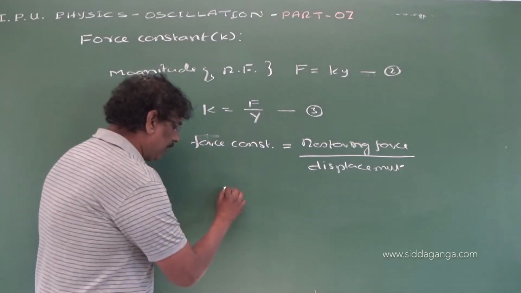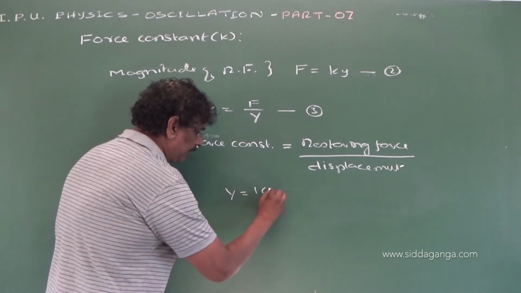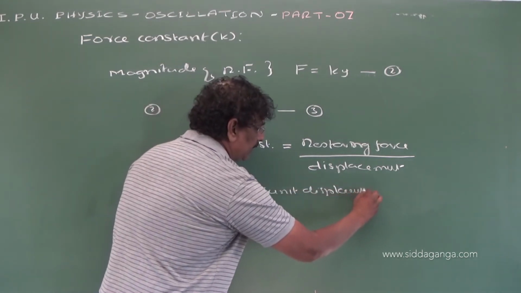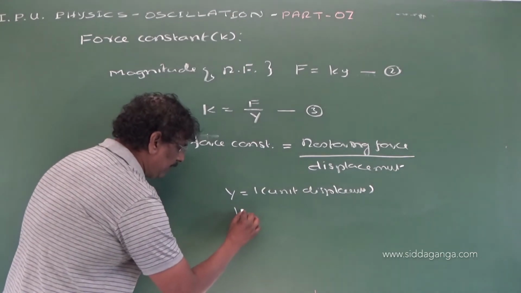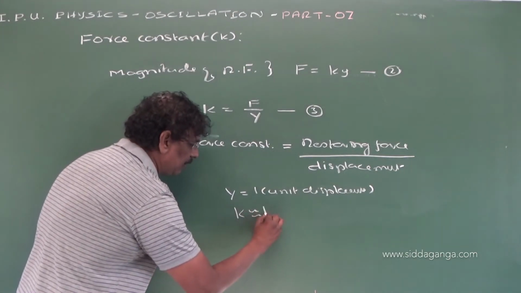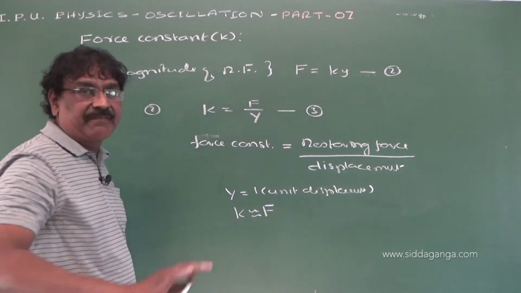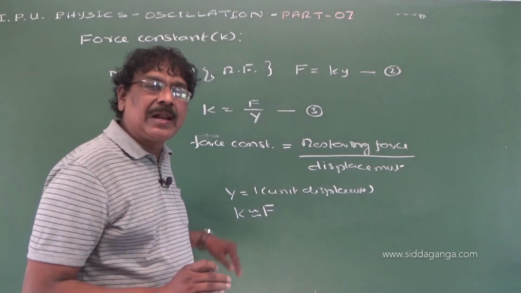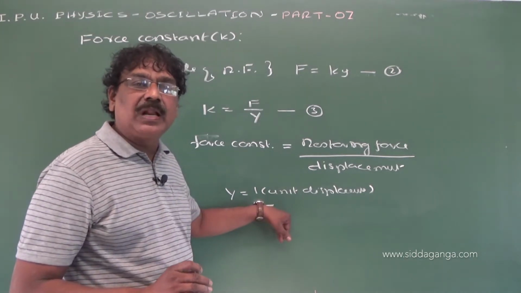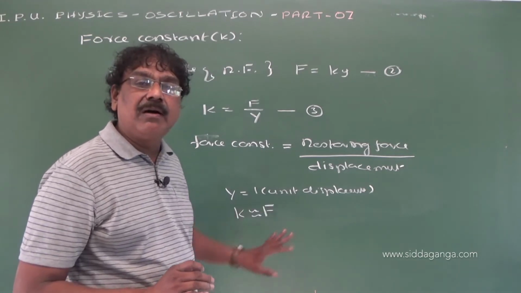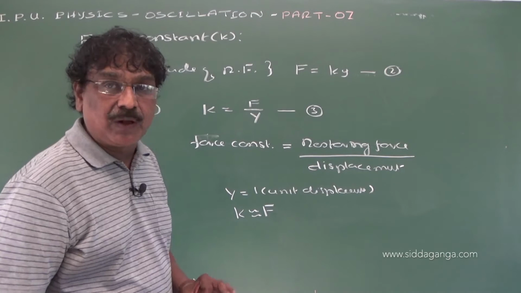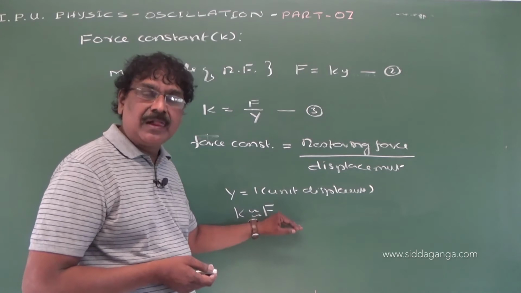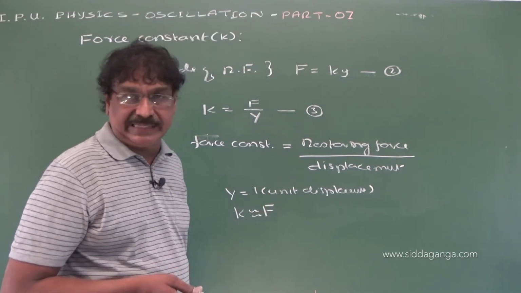When y is equal to 1, that we call unit displacement, then the value of k is numerically equal to F. Numerically means only the number involved in the value of k is equal to the number involved in the value of F. They have different units, k has a different unit and F has a different unit, but their numerical values are the same.